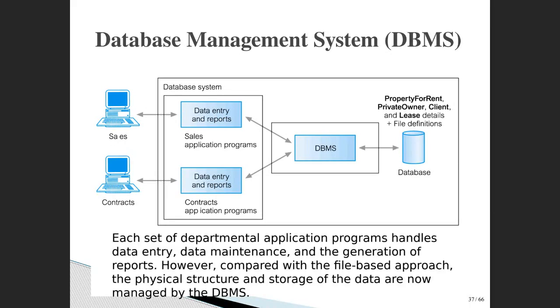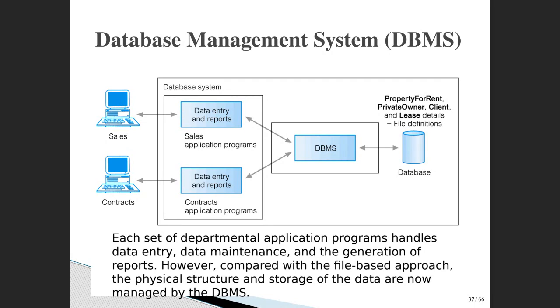So you can see here in this figure, it illustrates how the database management system will be provided to different departments. You remember that in the file-based system, there was a separate entry for each department. But in this system, you can see it's more centralized.